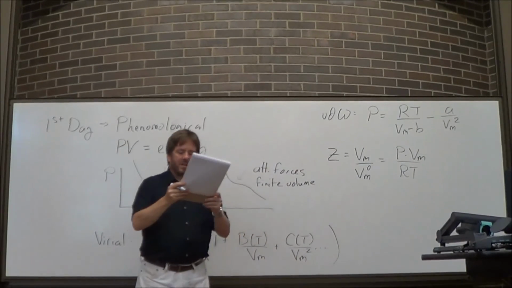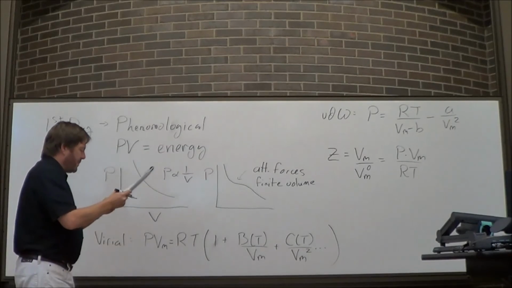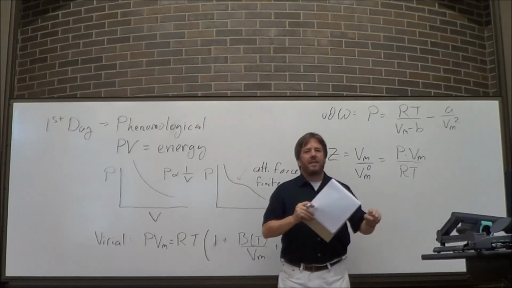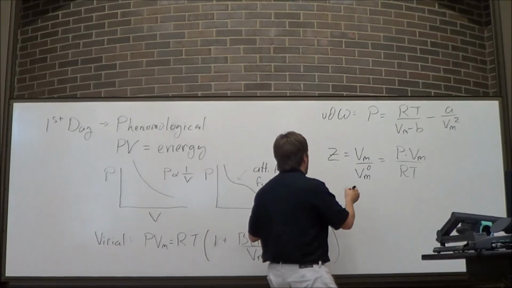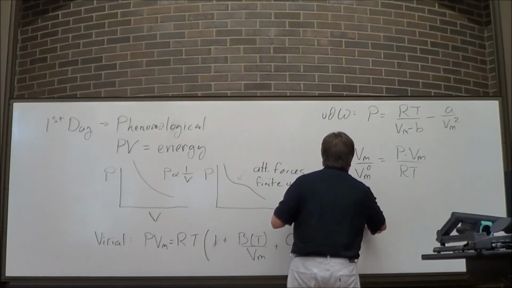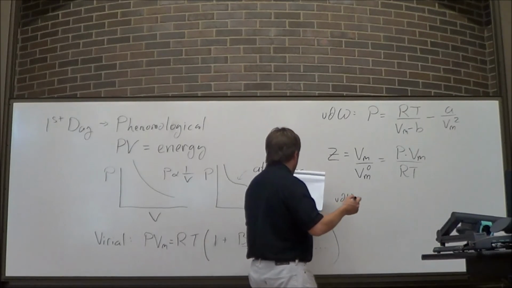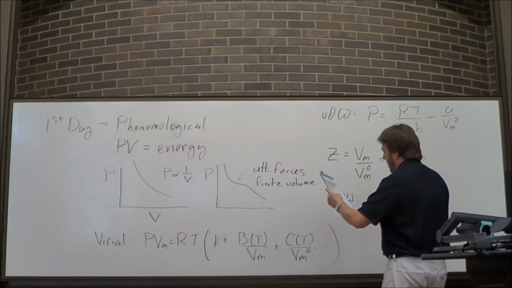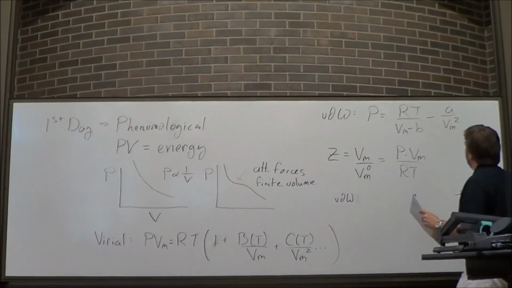And there isn't much to say about that. Let's see, what can I do with this? In the case of the van der Waals equation, you see that this can actually be manipulated. I'm not going to do this, I'm just going to give you the answer just because it's relatively easy.